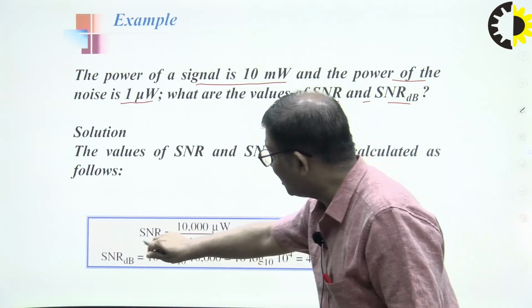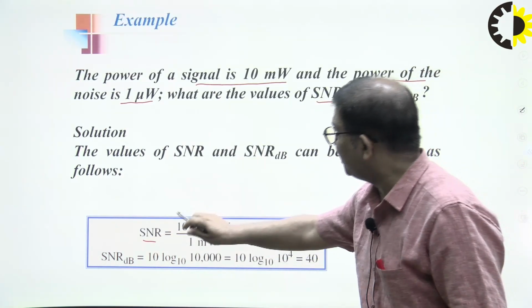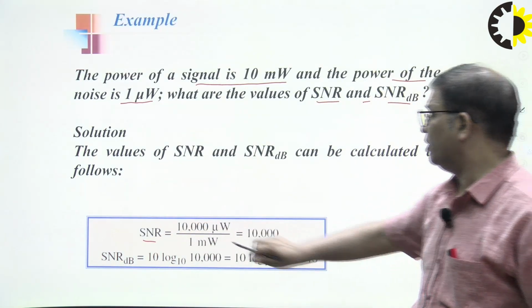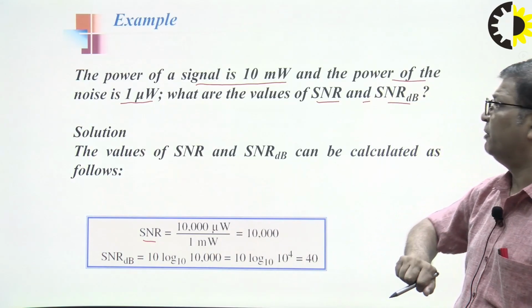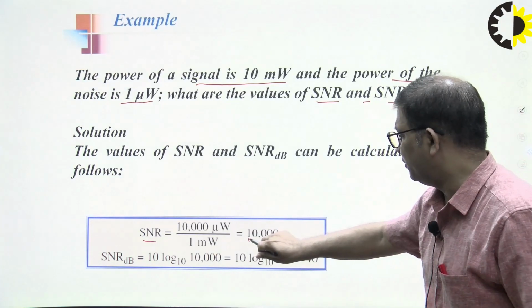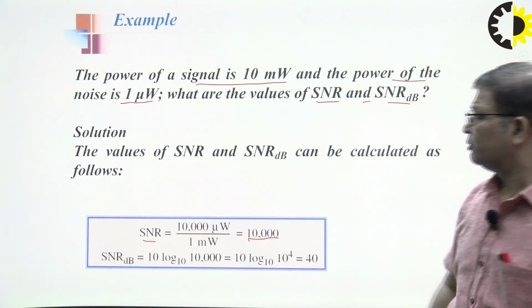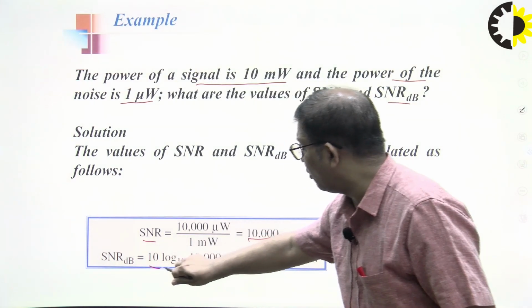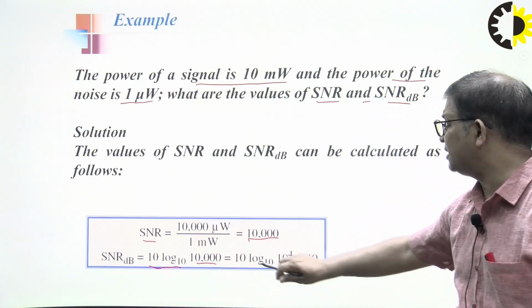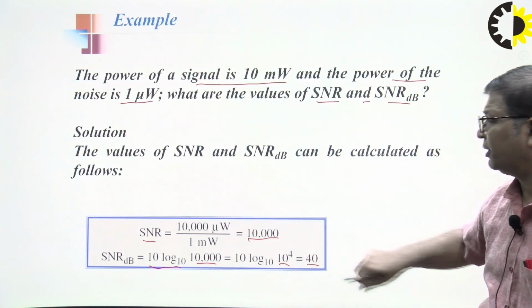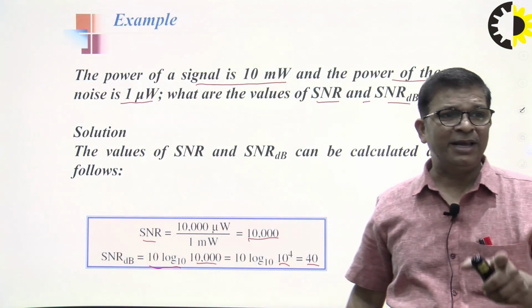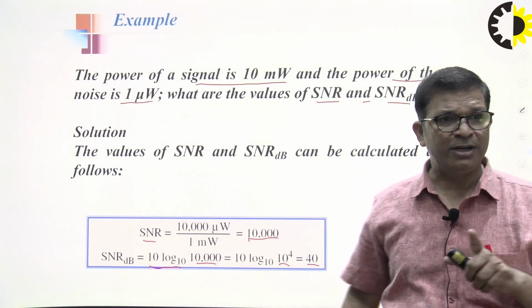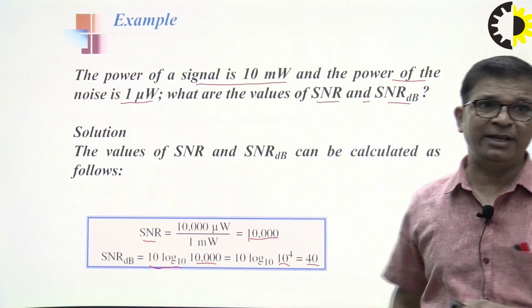So SNR is equal to 10,000 microwatt upon 1 microwatt, which is equal to 10,000. So SNR dB is equal to 10 log10 of 10,000, that is 10 log10 of 10 to the power 4, or 40. So if we calculate SNR in dB, it is 40 decibel.